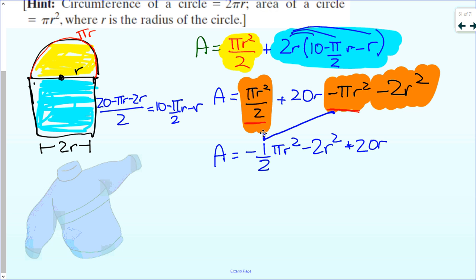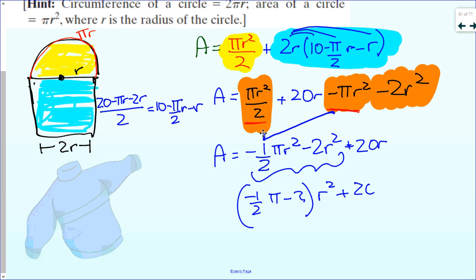So if I factor out the r squared from these two terms, I get negative 1/2 pi minus 2 times r squared plus 20r. So this is a, and this is b.